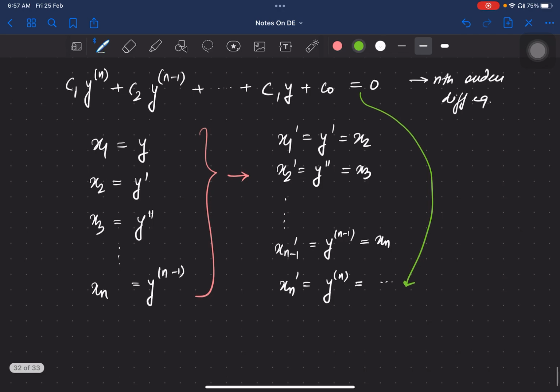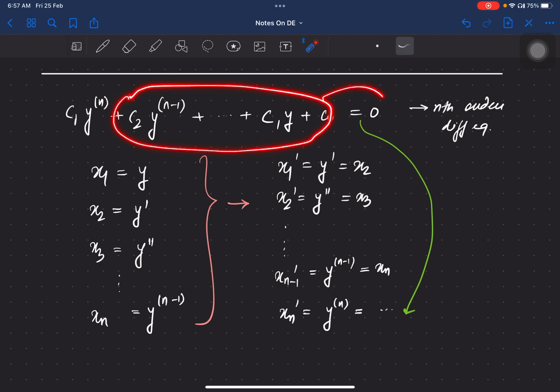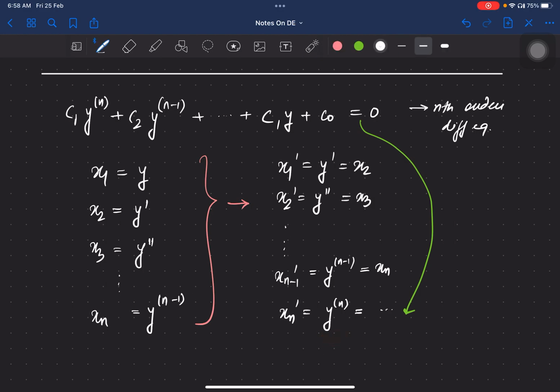Of course, here this c_n is not equal to 0, otherwise it is not an nth order differential equation. Now you can move the whole remaining part to the other side of the equation and divide it by c_n. So that will replace this y^(n). So now you can see that it is a system of n first order differential equations.